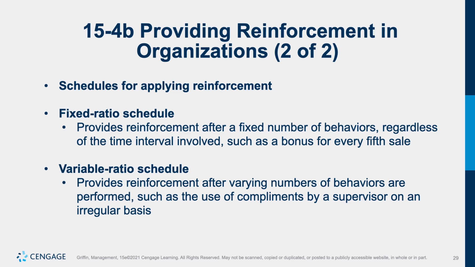We also have the variable ratio schedule, which varies the number of behaviors needed for each reinforcement, right? The variable ratio schedule is the most powerful schedule in terms of maintaining desired behaviors. However, a variable ratio schedule is difficult to use for formal rewards such as pay.